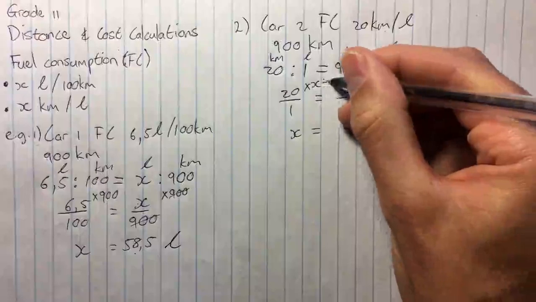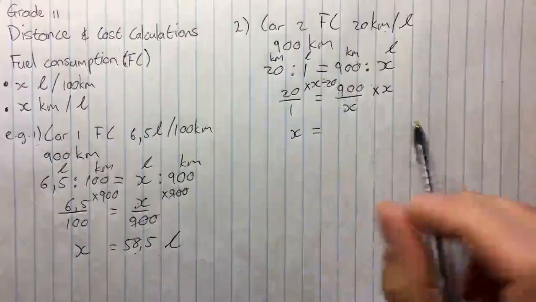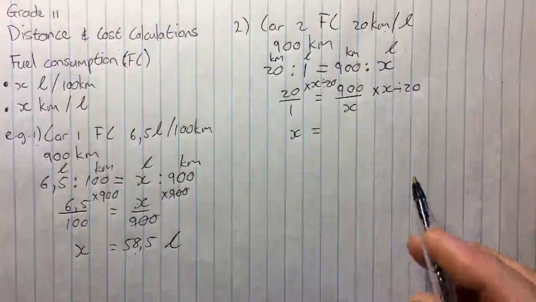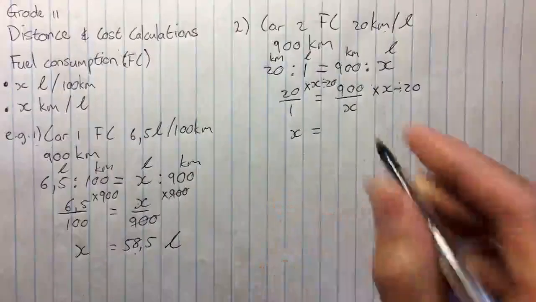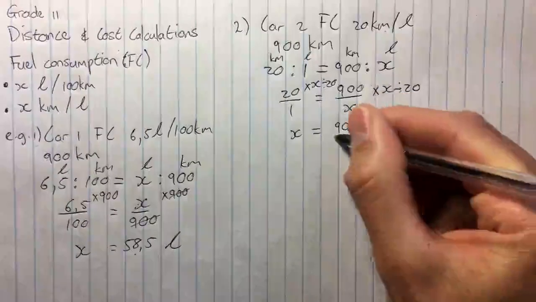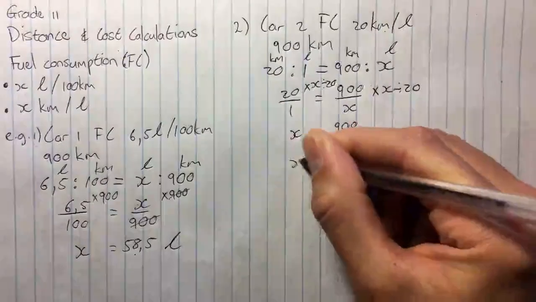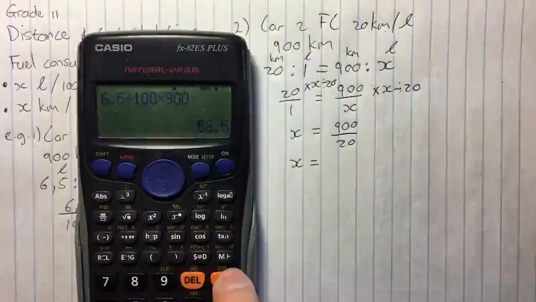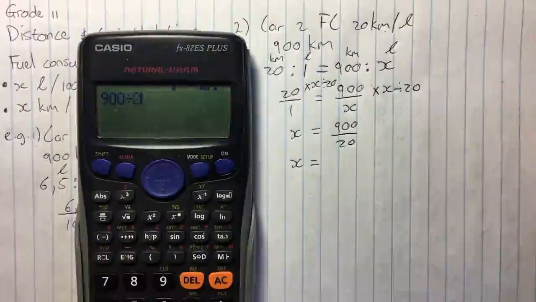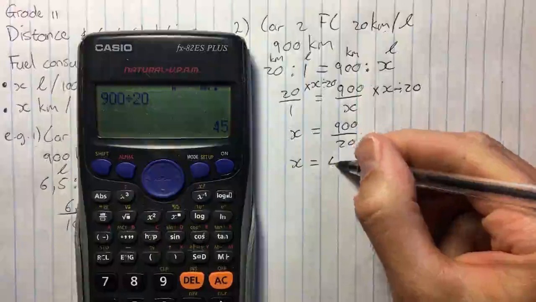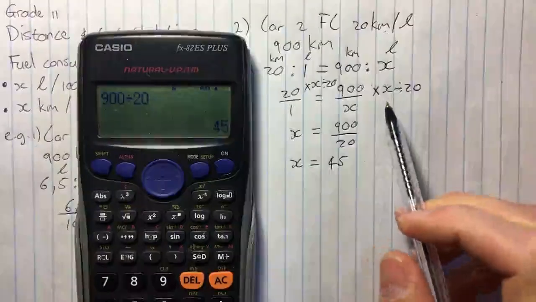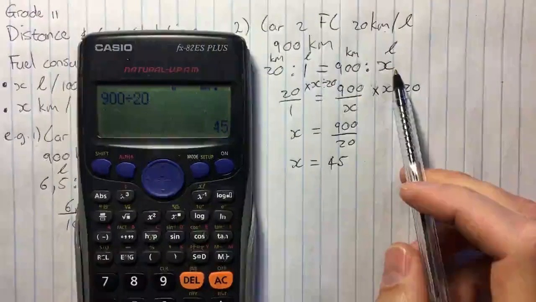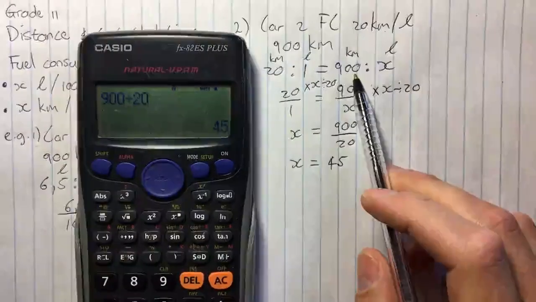So I'm just going to write it like this, times x divided by 20 and times x divided by 20. Then we have 900 divided by 20, which gives us 45. Okay, 45 what? Remember, x was liters. We were calculating the amount of liters for 900 kilometers.